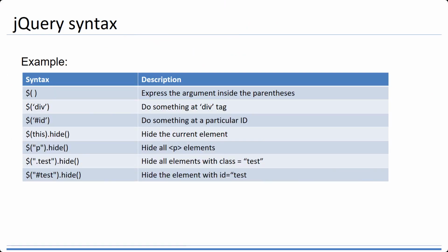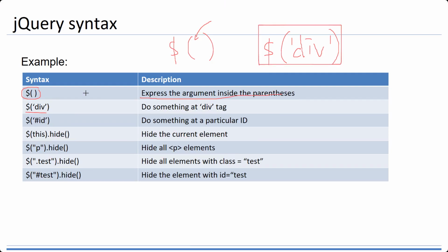So for example, if I have dollar and parenthesis, it means I need to express some argument inside the parenthesis. Let's say I want to do something on the div. Then I need to write dollar div, and then put the quotation marks. It means I want to access the div. I want to do something on a particular ID.